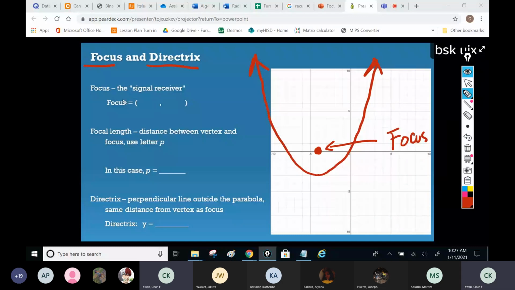So the focus right here is the signal receiver. In this example, the focus is located at -4 and 0.